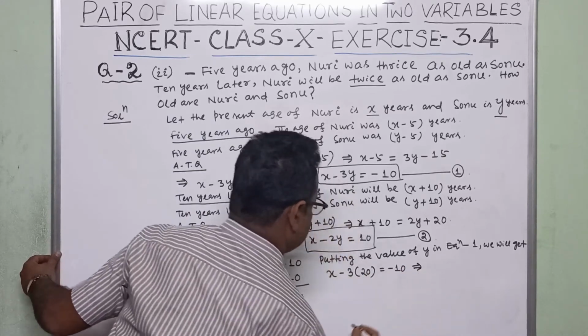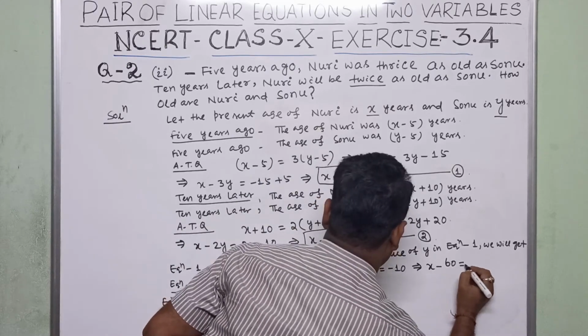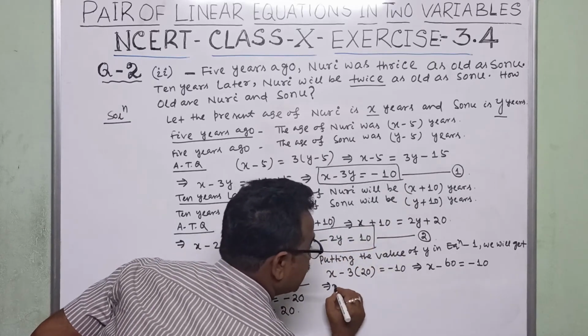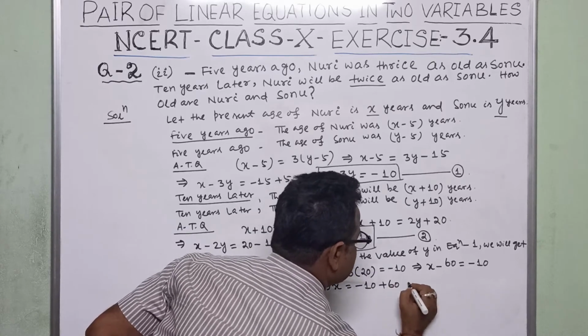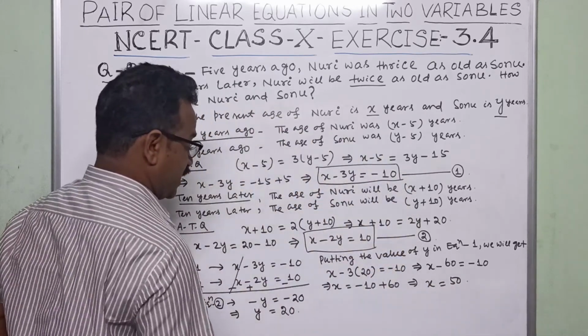That implies x minus 60 is equal to minus 10, so x is equal to minus 10 plus 60. That implies x is equal to 50.